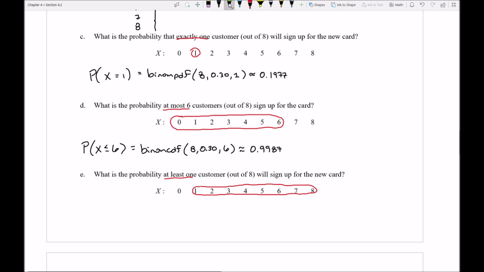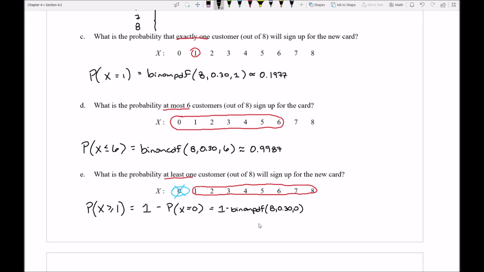However, I can notice that if this number 0 is the only number that I don't want, what I could do instead is to say that to find the probability that x is greater than or equal to 1, I could take 100%, the total probability, and subtract off the only probability that I don't want, which is the same as saying 1 minus a binom PDF with 8, 30%, and 0.